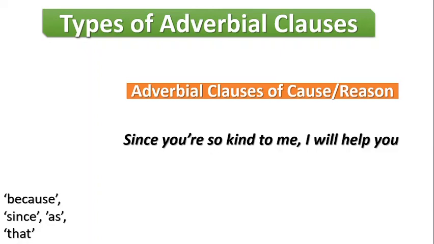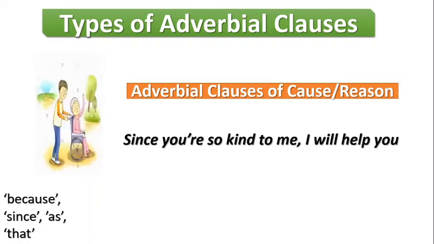Or, since you are so kind to me, I will help you. Good. Let me take this one. Since you are so kind to me, I will help you. Do you notice this expression? What will you say is the subordinate conjunction?